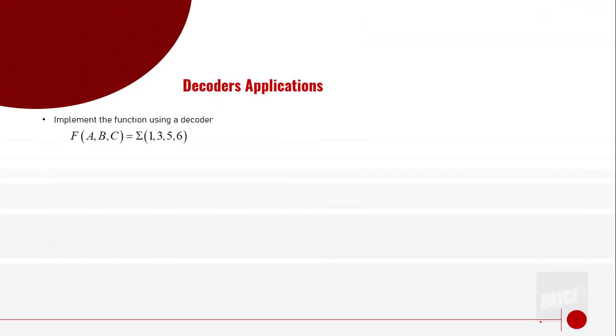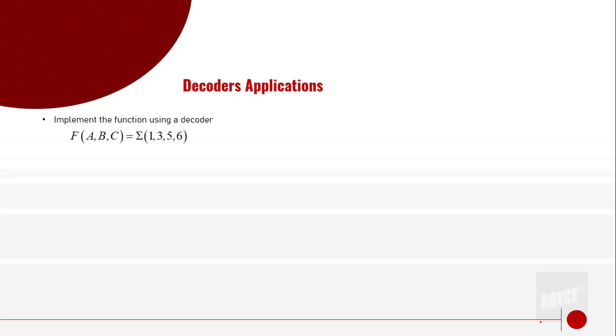So the best way to study decoders is through application. Okay, so for example, we are gonna implement this Boolean expression f of a, b, c, whereas the minterms are 1, 3, 5, and 6.